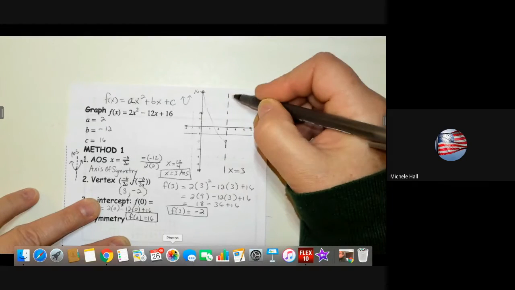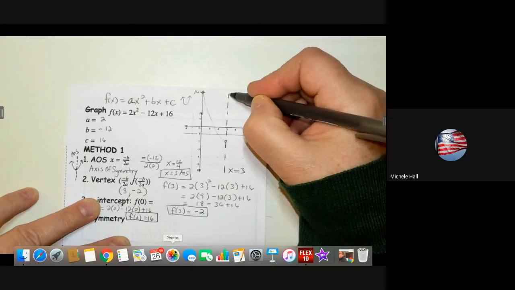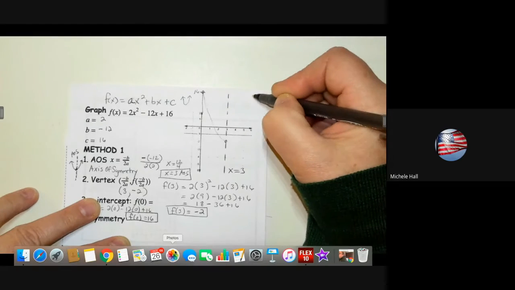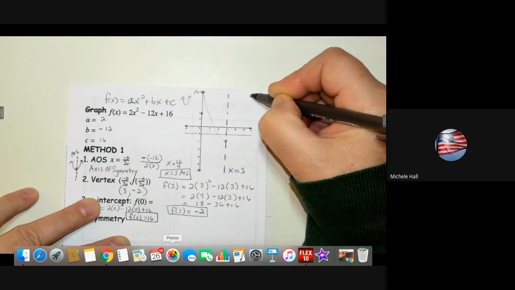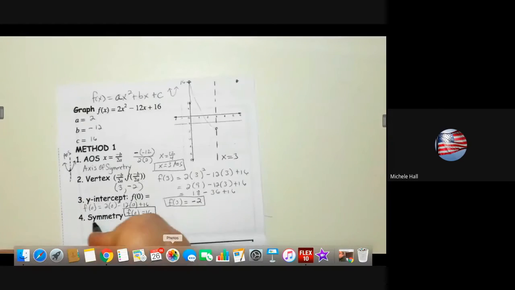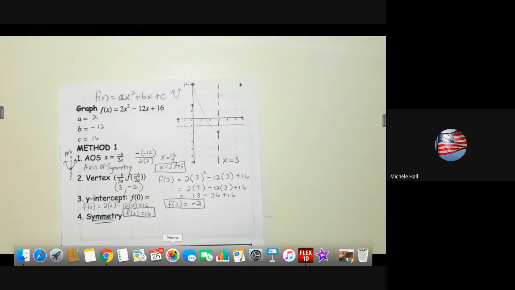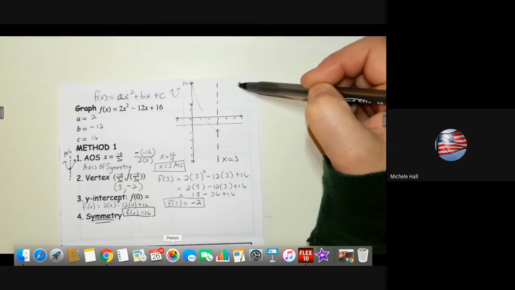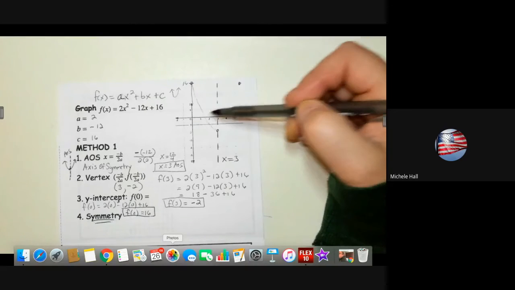That means that it's going to be 3 units away on the right as well. 1, 2, 3. That's what it means by using symmetry. Once I can see half the shape, I can find the other half by using symmetry of a point that I found on this side.